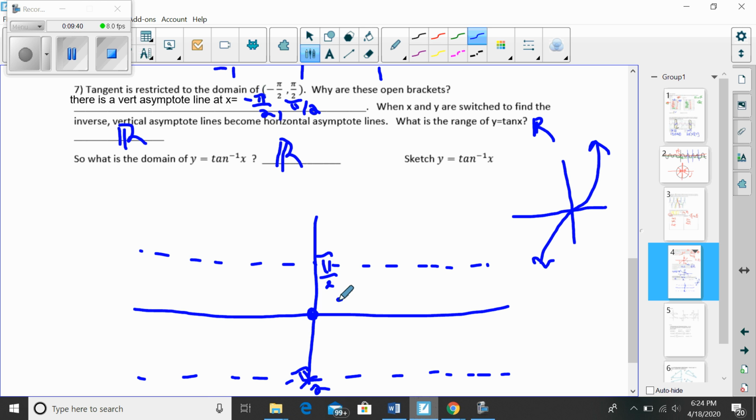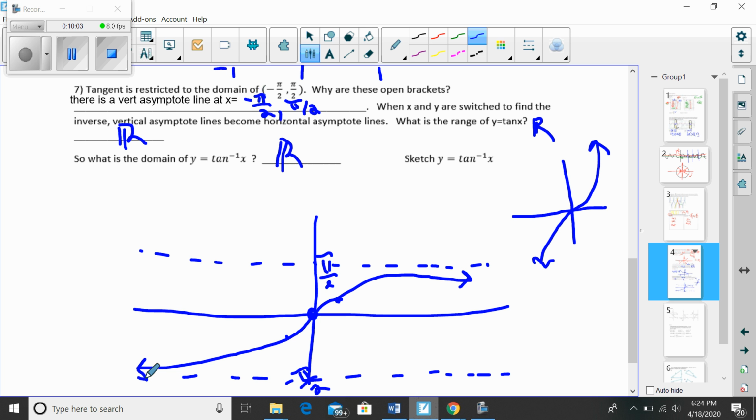Right, so if I switch that, it would become 1, pi/4. Okay, and the graph of inverse tan, when I interchange all x and y points, looks like that.